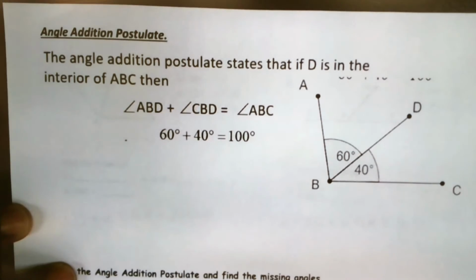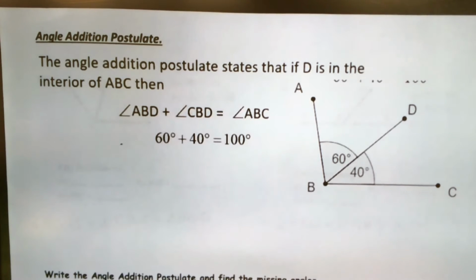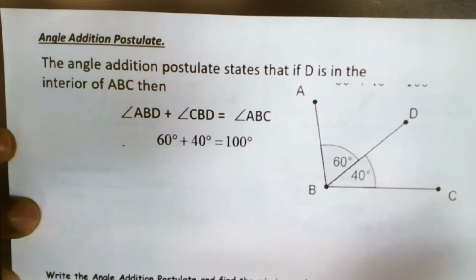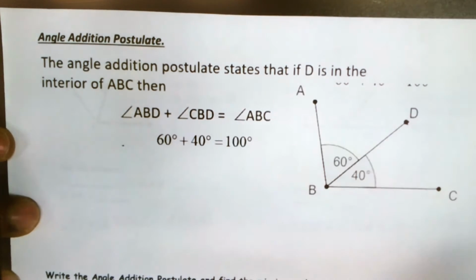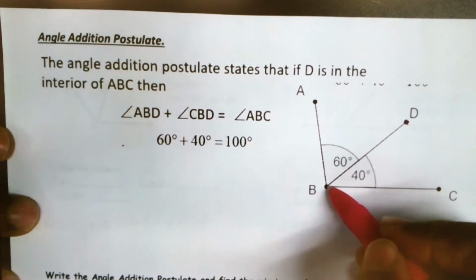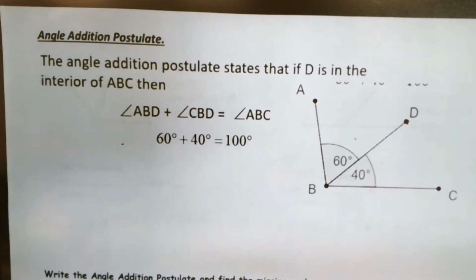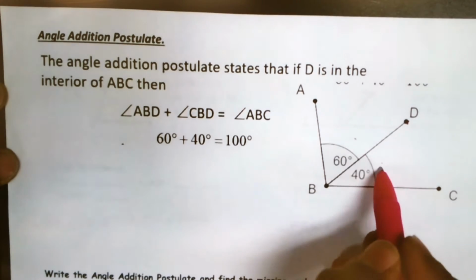So here is the angle addition postulate. It states that if D is inside the big angle ABC, so D is an interior point, then when you draw a line connecting the vertex and the interior point, we have two separate angles, two small adjacent angles. They together make a big angle.